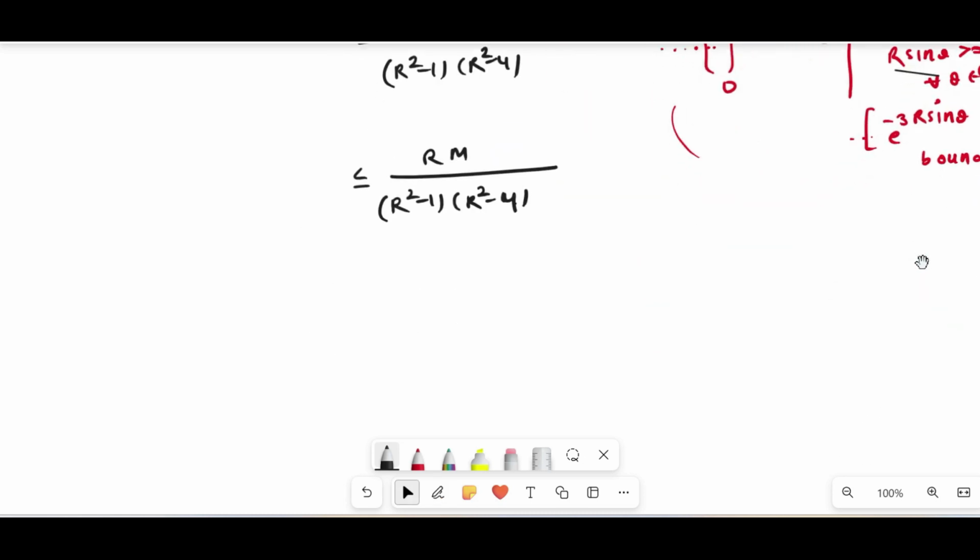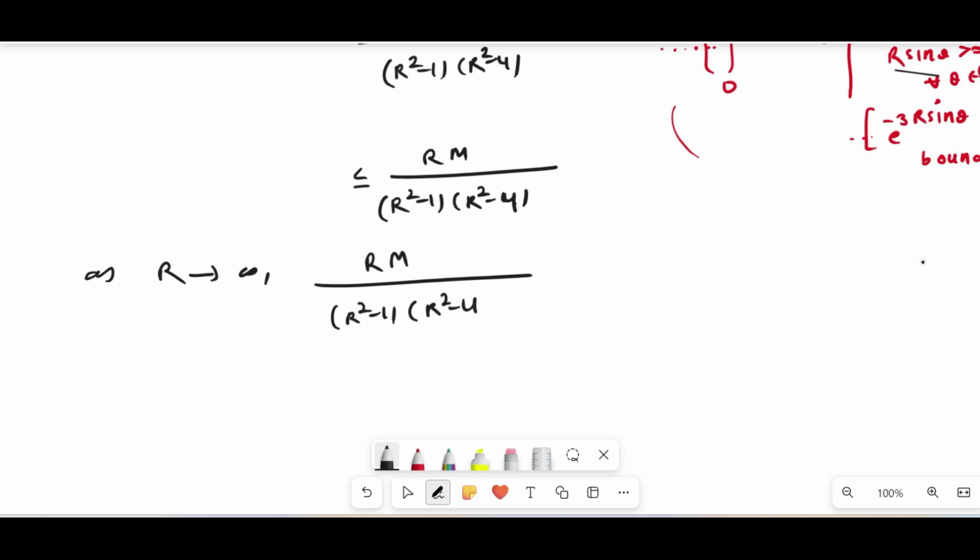So as r tends to infinity, the rational value rM upon (r square negative 1)(r square negative 4) tends to 0.